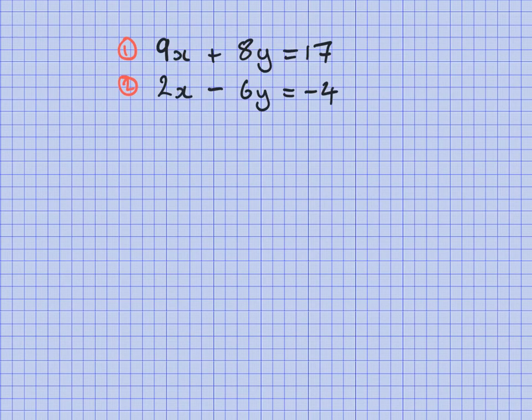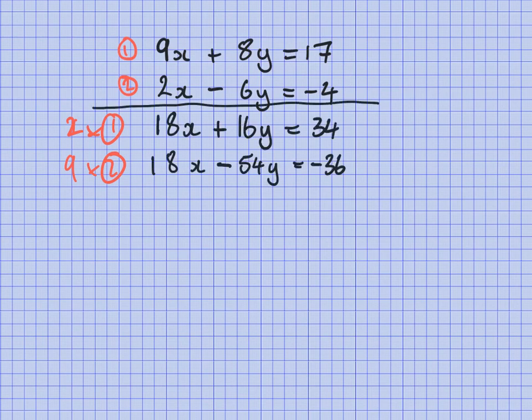Easy enough to do that because then I can have number 1 times by 2 and number 2 times by 9. So let me write those out.